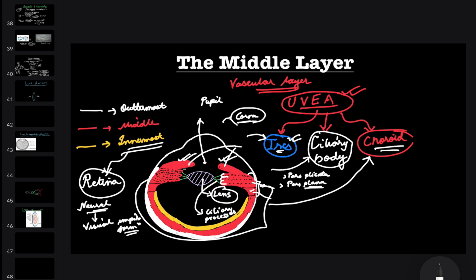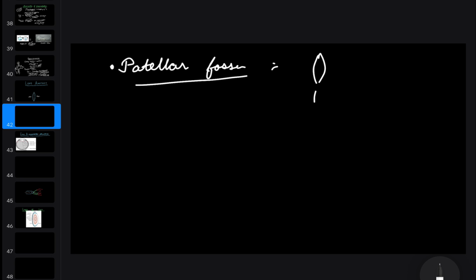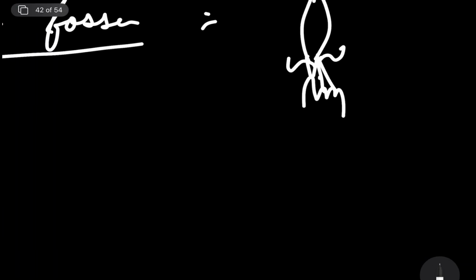The special name given to that is the patellar fossa. So let me quickly write patellar fossa. If you did not understand what patellar fossa is, let me just make it very clear to you. See, if this is the lens, this over here is the ciliary body, these were the ciliary zonules, right? Now this over here, this fossa that the lens is placed within, this is called the patellar fossa.